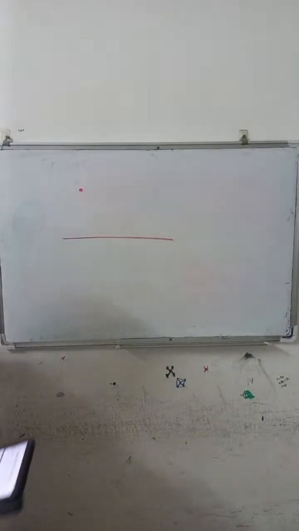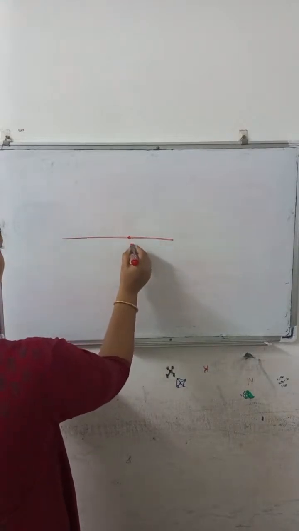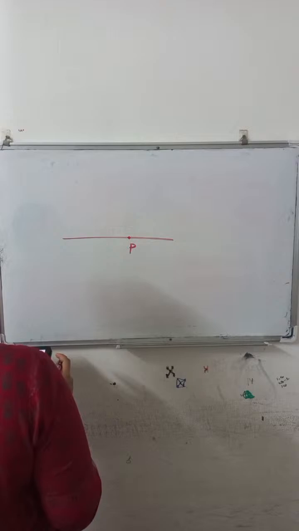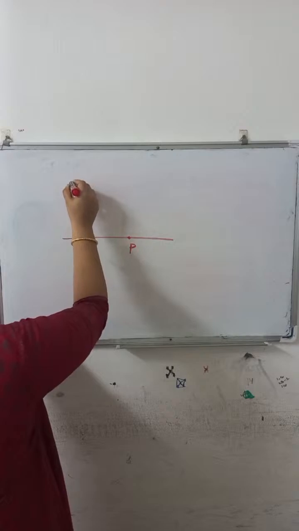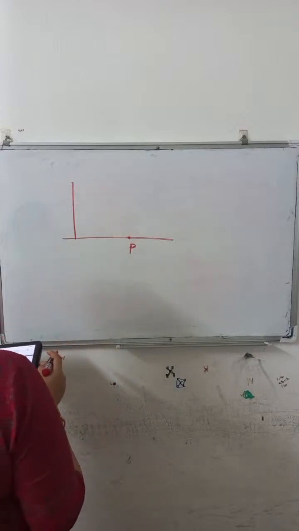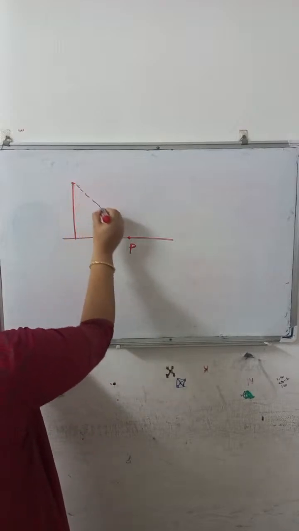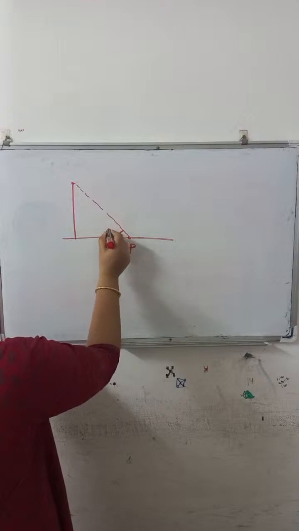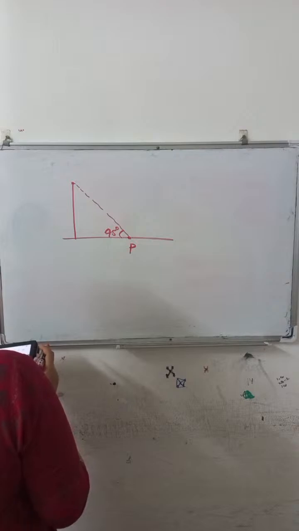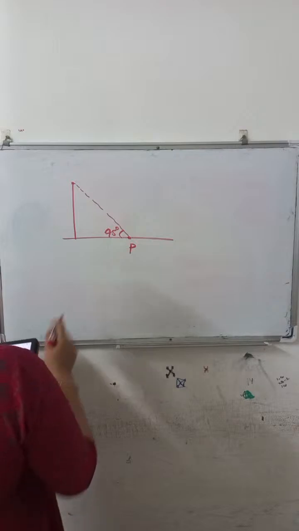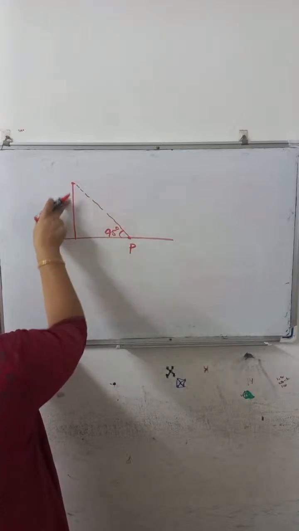The angle of elevation to the top of the vertical pole is 45, so they kept one pole over here. From this top to this point P, it makes an angle of 45 degrees.